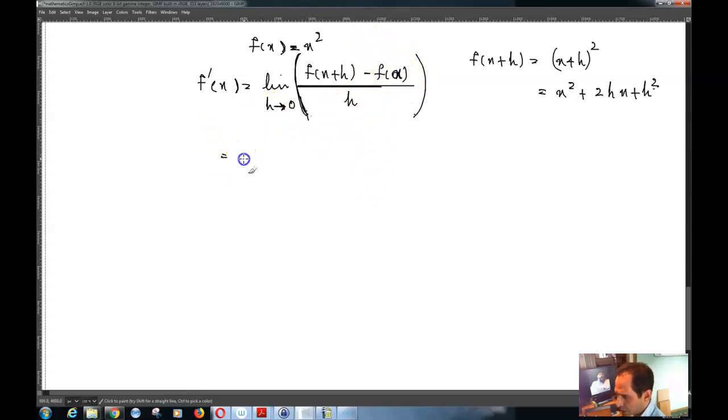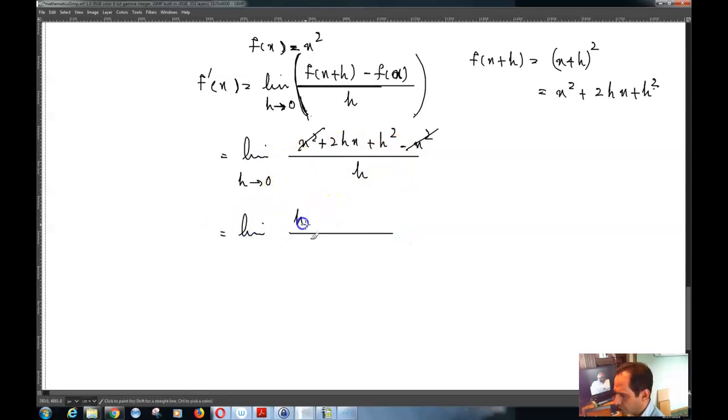So I can write this as the limit of f of x plus h, which is equal to x squared plus 2hx plus h squared, minus f of x, which is minus x squared, over h as h tends to 0. And these two you can cancel out, and you can write this as the limit of h times 2x plus h over h, and these two you can cancel out as h tends to 0.